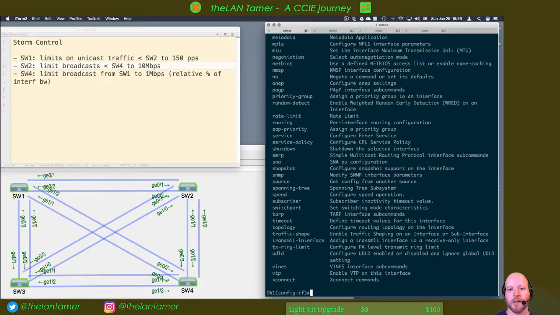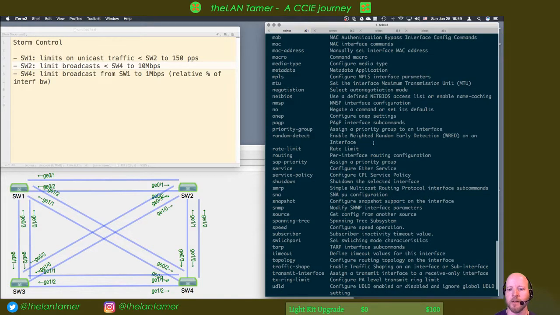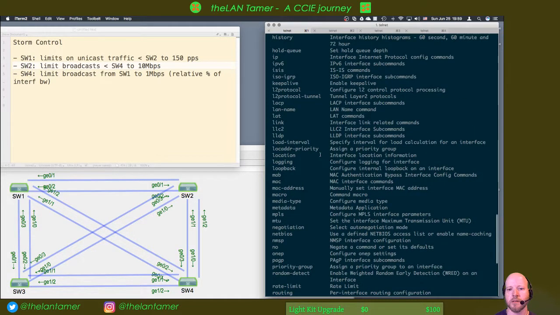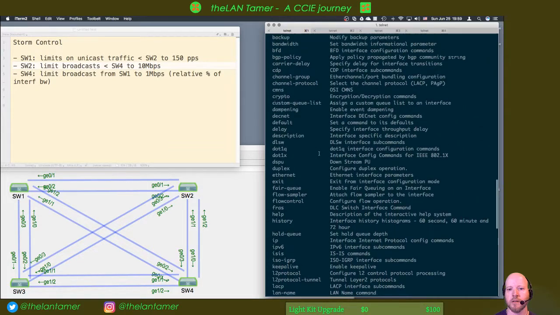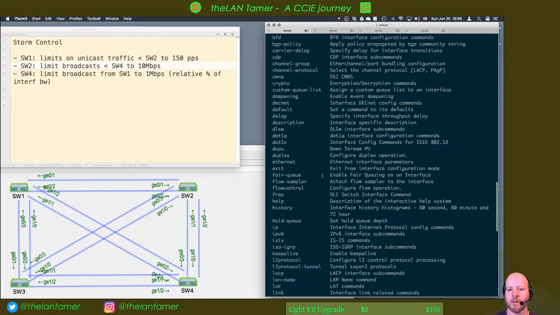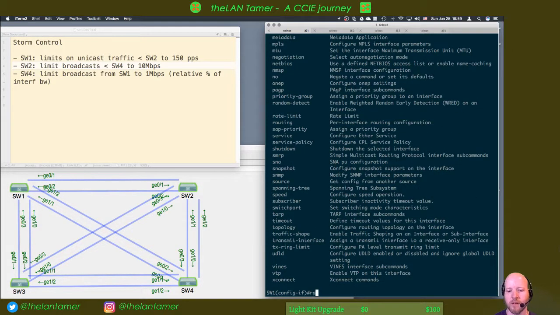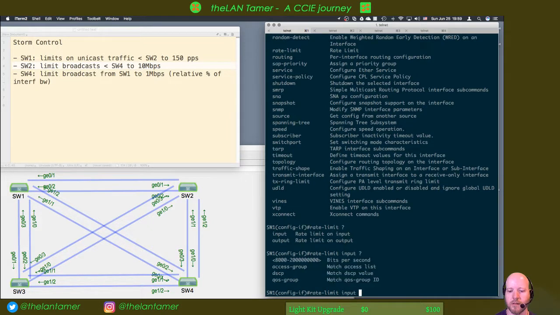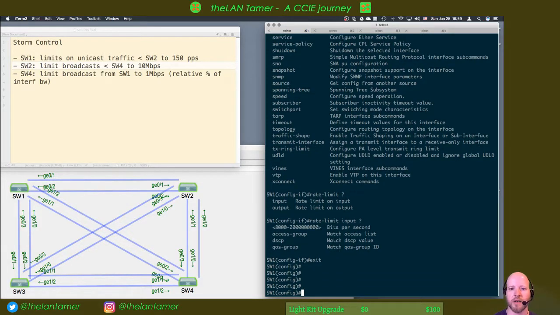Wow. Okay. I can do rate limit. Per second, yeah, that's just bare bones rate.